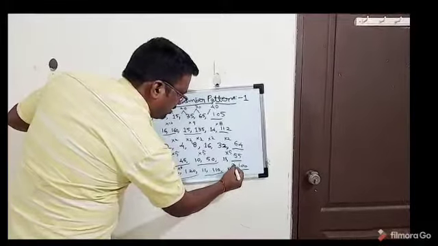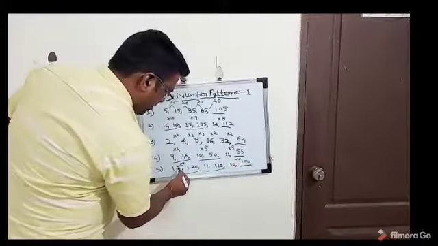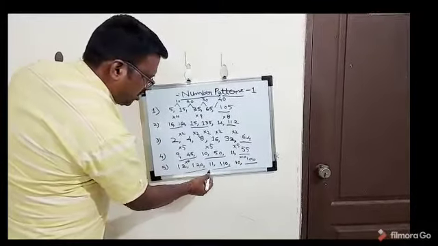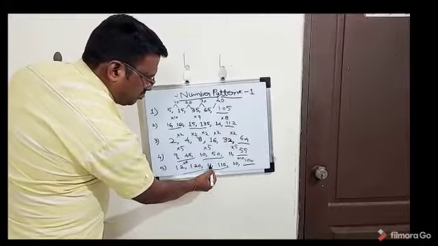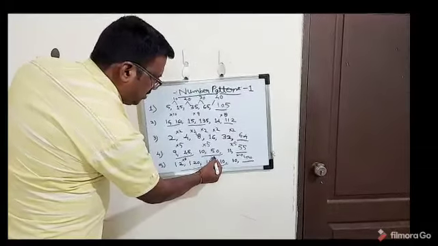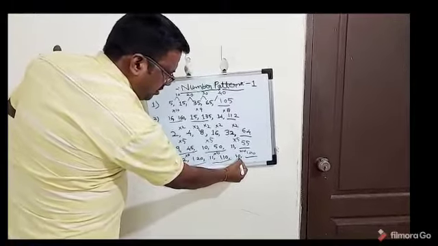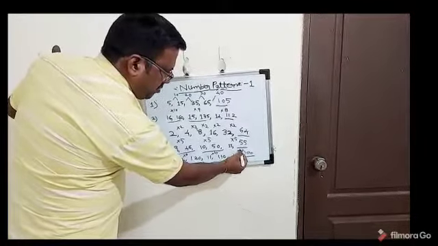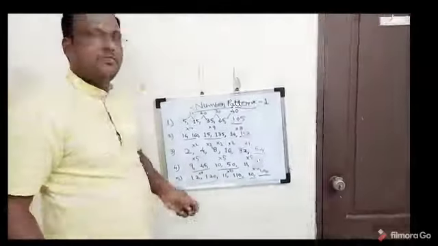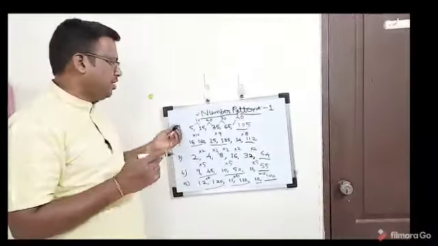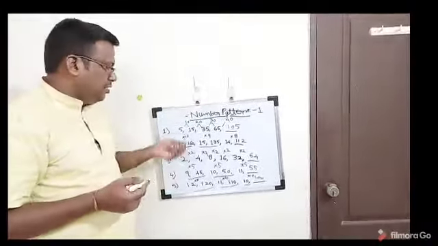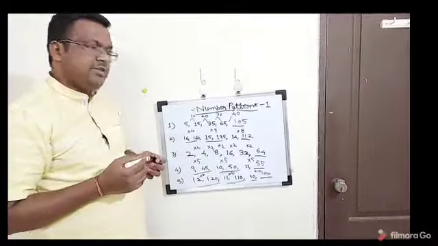So the logic is that the first number multiplied by 10 gives the second number. Similarly, when the third number is multiplied by 10, you get 110, and the fifth number multiplied by 10 gives 100. This is the way you need to understand the logic between the given numbers, and you can find the answer. Thank you.